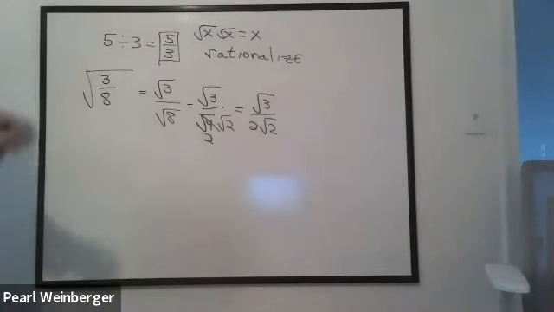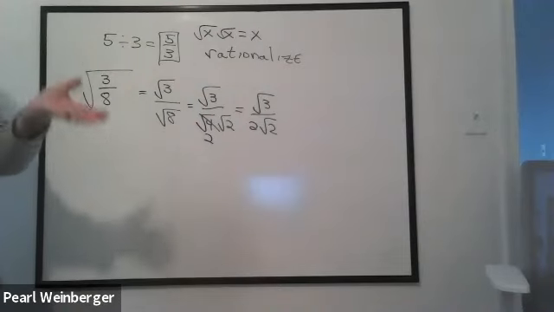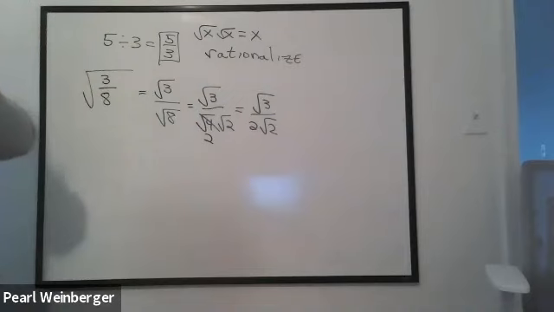Rationalize means make the denominator a rational number. Be sure to end your problem by making sure your denominator is a rational number. A rational number is a number that doesn't have a radical in it. It's just a regular number, a regular fraction or a regular decimal.